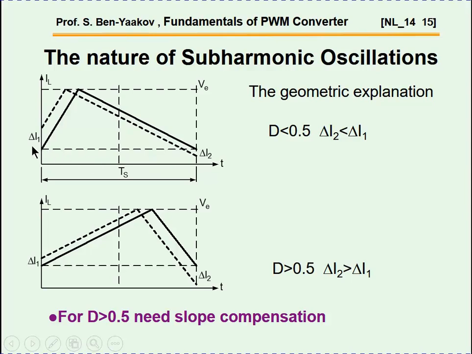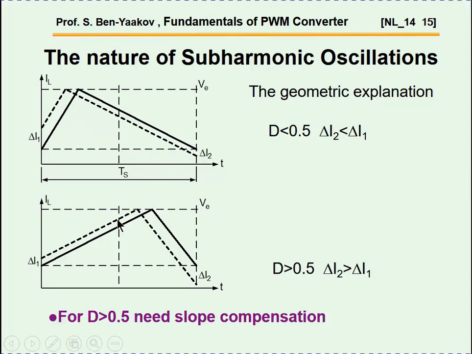So we started with some delta I here, and one can show by some geometrical calculation, which I'm not giving here, that if you start with a delta I sub 1 and end with a delta I sub 2, then this delta I at the end will be smaller than this one. This means that the next cycle, delta I sub 3, will be even smaller, so this disturbance will die out.